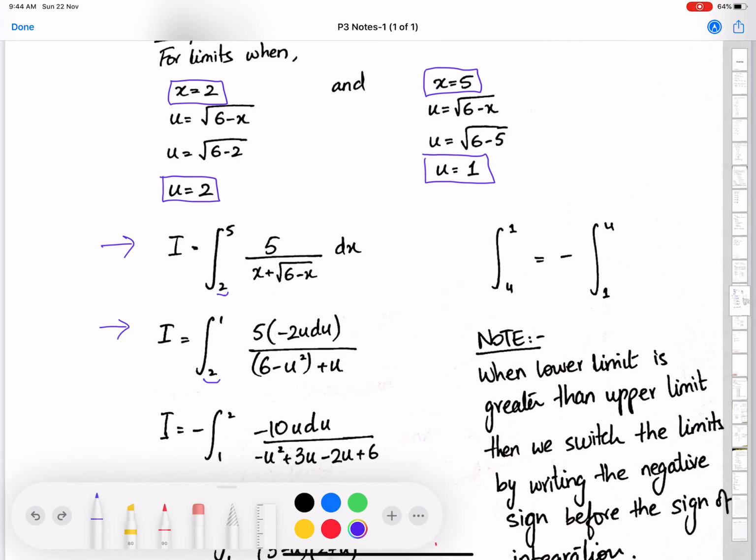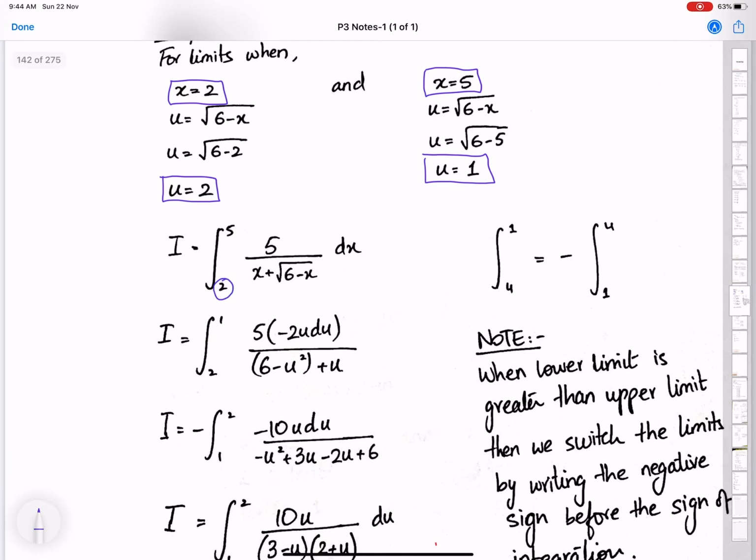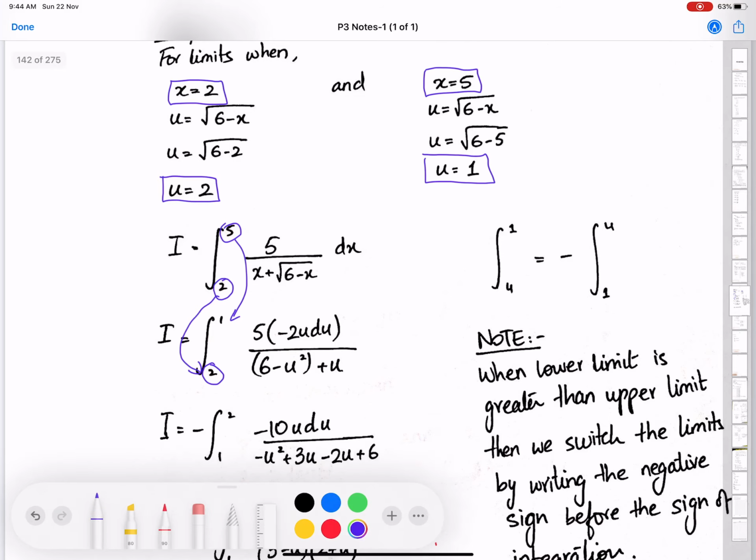And the most important thing is you should substitute the corresponding limits. When x was 2, then u is 2. Make sure you write 2 here. When x was 5, then u was 1. Make sure you write 1 here. This is very important.